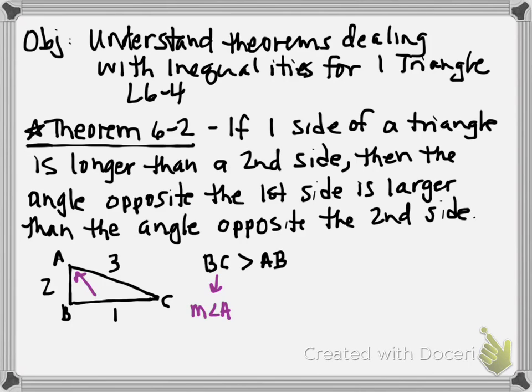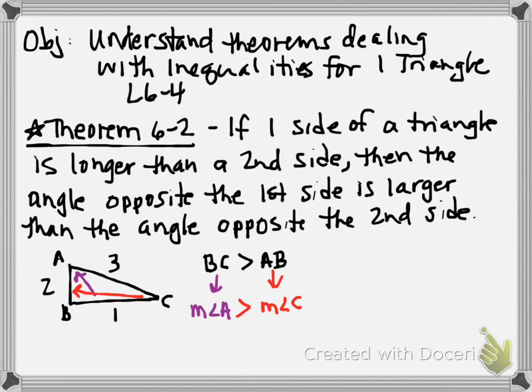And the second side is created by angle C. So we're going to pair up AB with the measure of angle C. And what it's saying is that the side that's longer has an angle that created it that has to be larger. So the relationship maintains the same sort of relationship from the sides to the angles that created those sides.